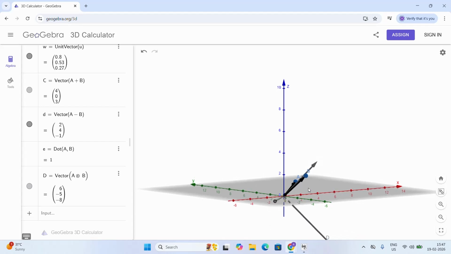It will be perpendicular to the B line as well as perpendicular to the A line. It is very important in electromagnetics because when you talk about magnetic force and electromagnetic energy, you will be using cross products there, right?